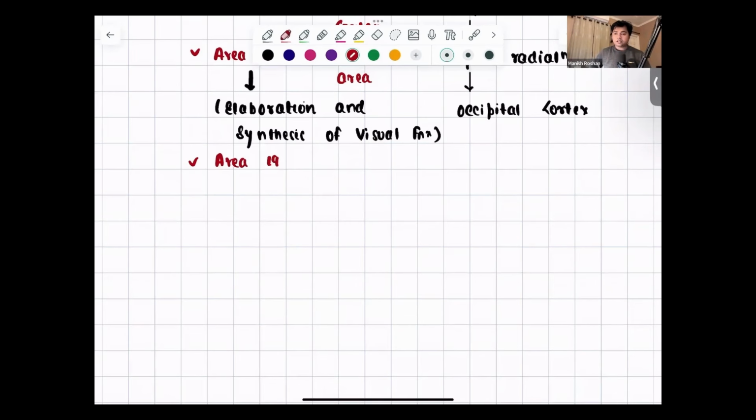Now, we also have area 19. Area 19 is concerned with integration of visual information with other modalities of information.